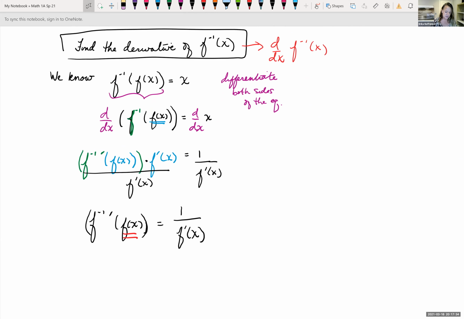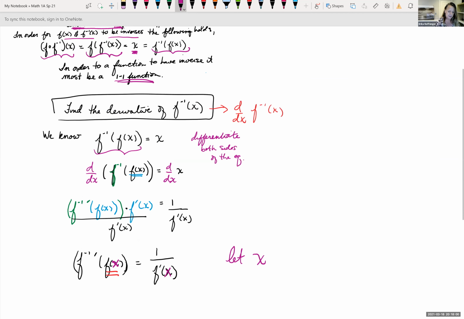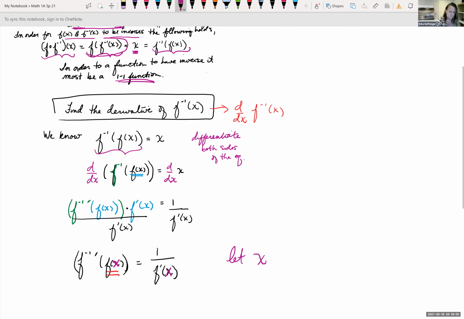Well, we can choose x to be something. What can I plug in for x here that would undo this piece and just give me back x? Well, isn't that part of what we were talking about here? A function and its inverse function would give us back x.